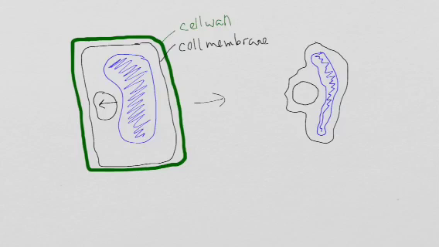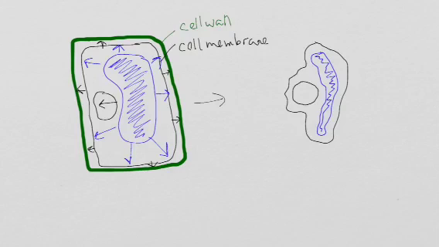Now, in the original cell, this big water vacuole is applying pressure in the cytoplasm against the cell membrane. And that means that the cell membrane is applying pressure against the cell wall. And that is what's keeping the cell with its rectangular shape.